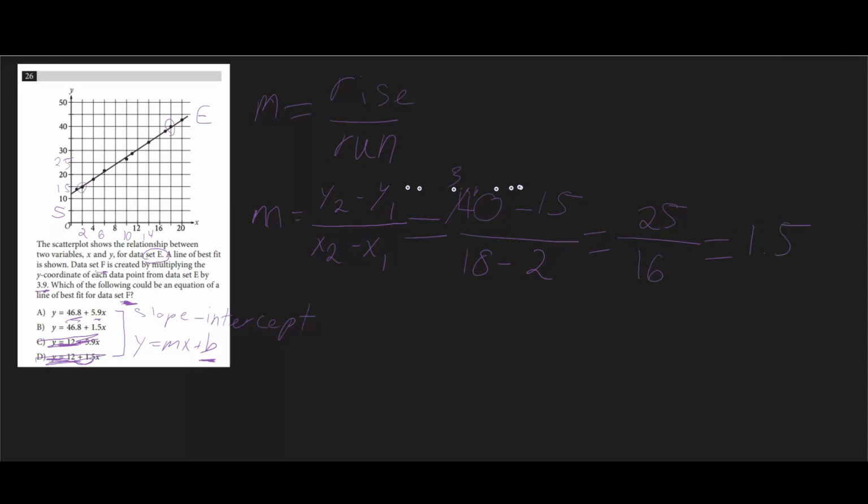Now again, this is the slope for line E, right? Remember, f is basically the function of E times 3.9, meaning the slope of f, so let's just say m of f is equal to the slope of E times 3.9, which is 1.5 times 3.9.